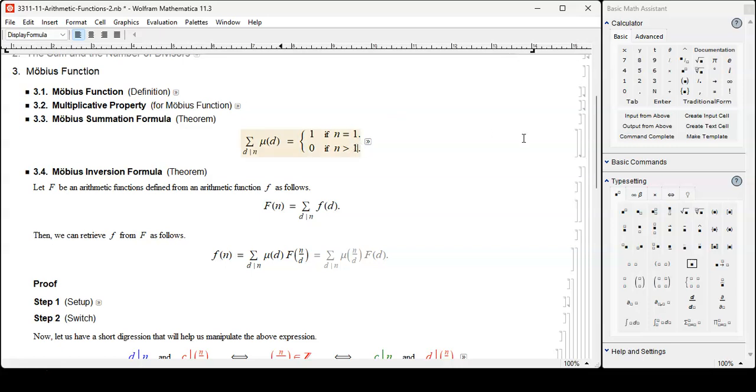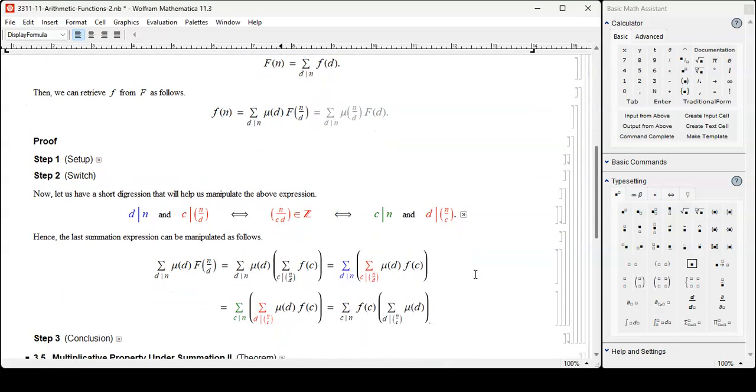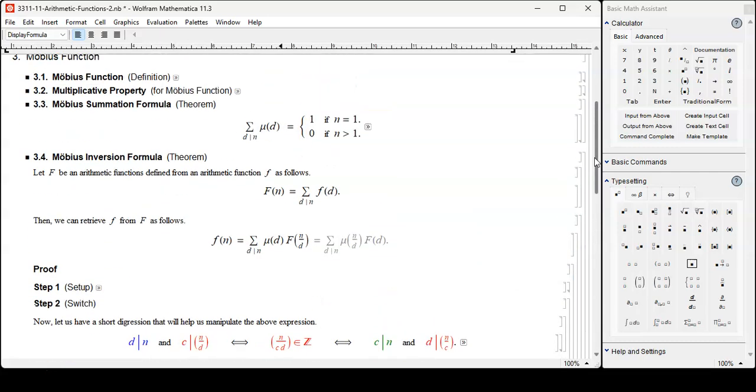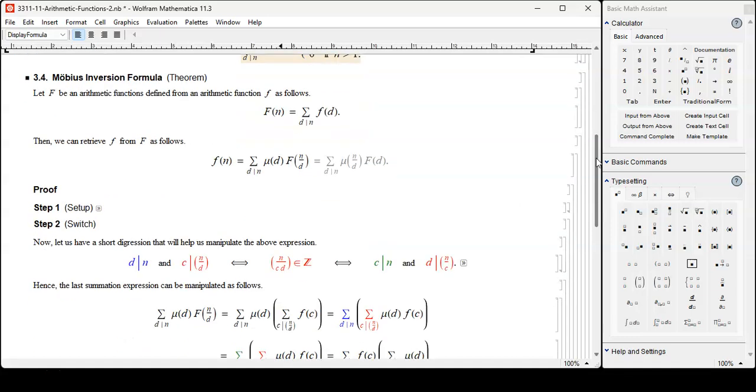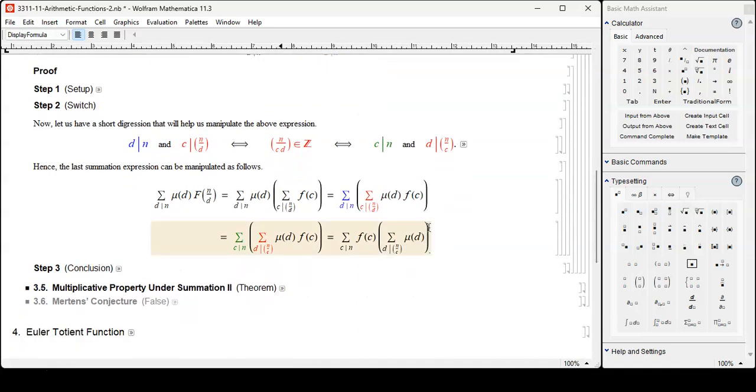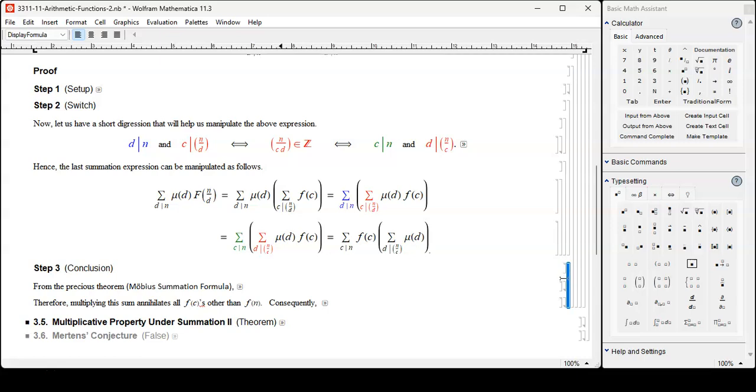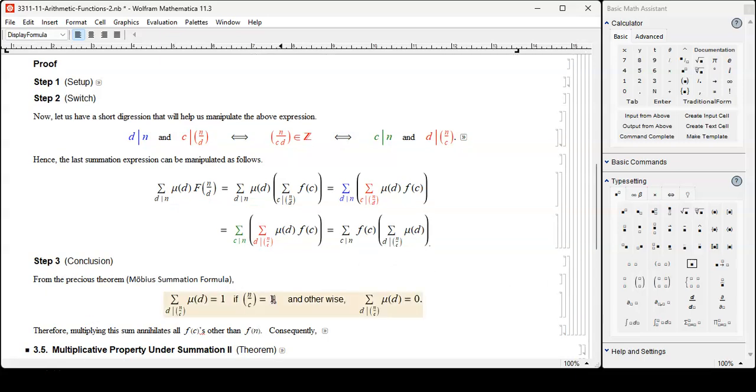Moebius summation formula. We have summation of mu, so we can use Moebius summation formula. In other words, the summation is 1 for a special case n over c is 1. In other words, c and n are the same, otherwise all 0. So even though we have a big summation for all positive divisors c that divides n, we are multiplying a bunch of zeros except for one exception when c and n are the same.